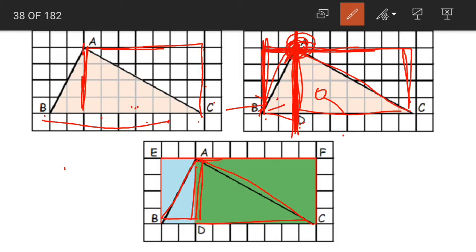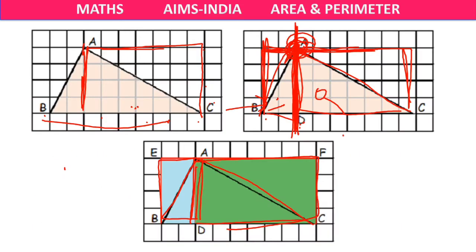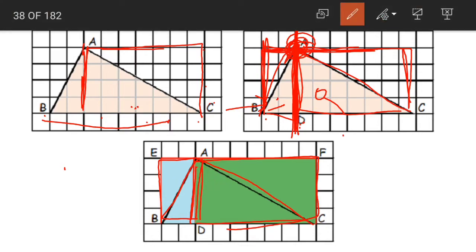See, the first rectangle becomes this one, and the second rectangle becomes here. Now again, if we observe, what happens children? If we observe the area, this rectangle is having two equal triangles. These both triangles are equal in their sizes, and again these two triangles are equal in their sizes.